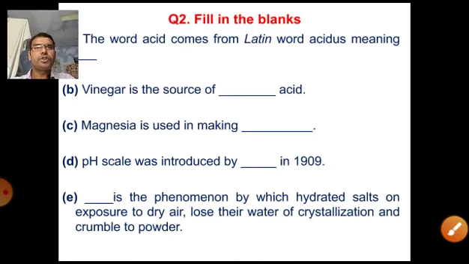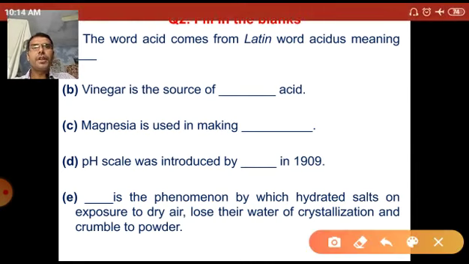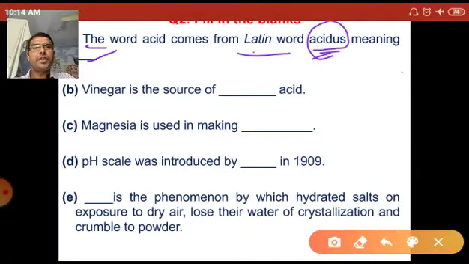Now the next question. Fill in the blanks. Question number A. The word acid comes from the Latin word acidus. What is the meaning of acidus? As you know, the term acid comes from the Latin word acidus, and acidus means sour, S-O-U-R, sour.